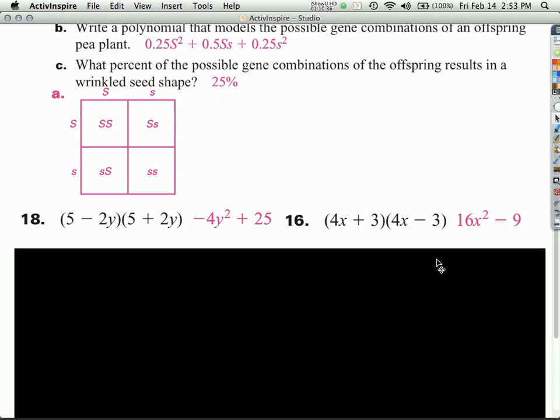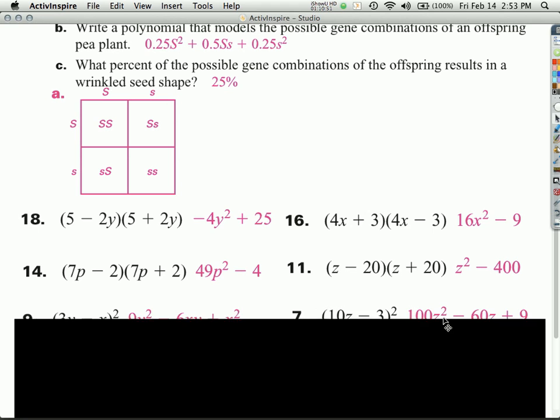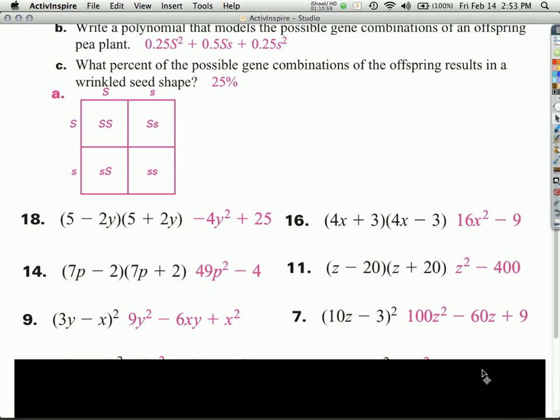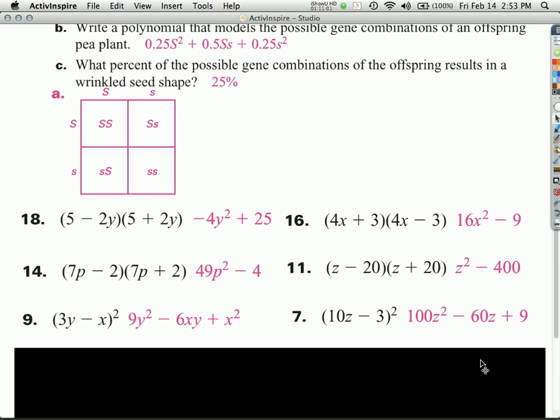And here we go. Now, for 18, I would accept that as negative 4y squared plus 25, or 25 minus 4y squared. Either way. Number 16, 16x squared minus 9. 14, 49p squared minus 4. Number 11, z squared minus 400. Number 9.